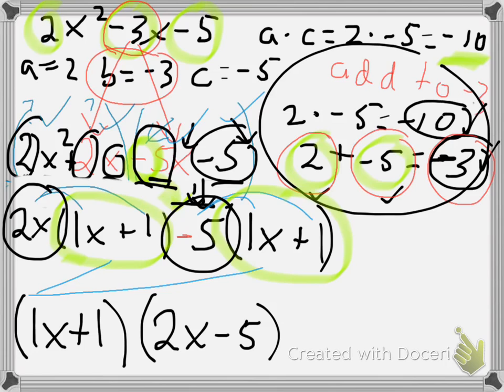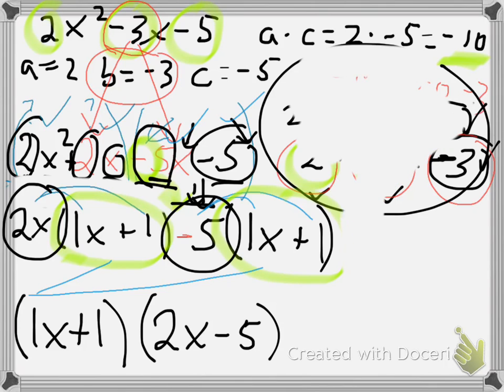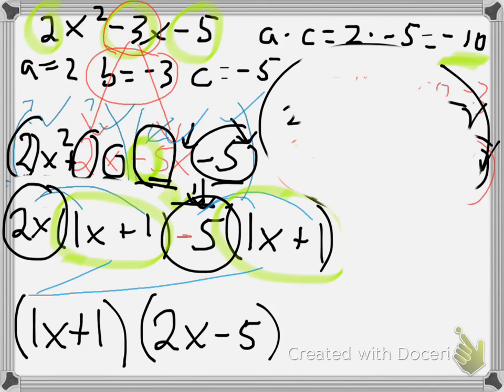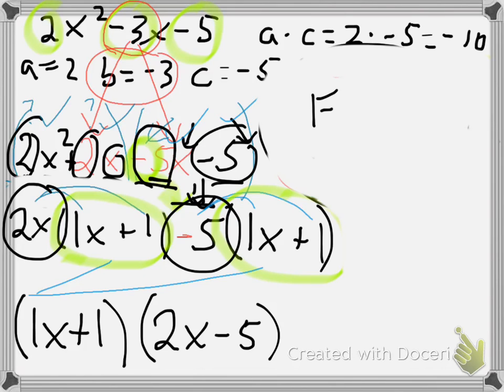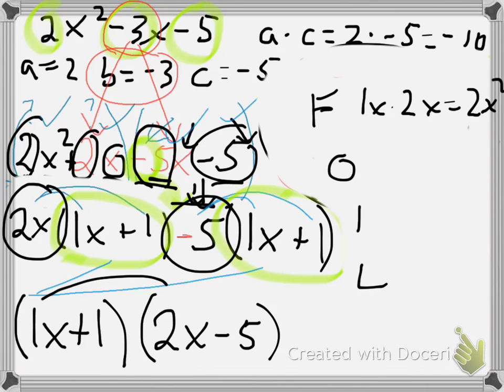What we want to do is do our FOIL. So let me erase some stuff here. I'm going to erase this over here so I have some room. Okay? And so let's do our FOIL. What's the first terms? 1x times 2x. That's the F of FOIL, which is 2x squared.